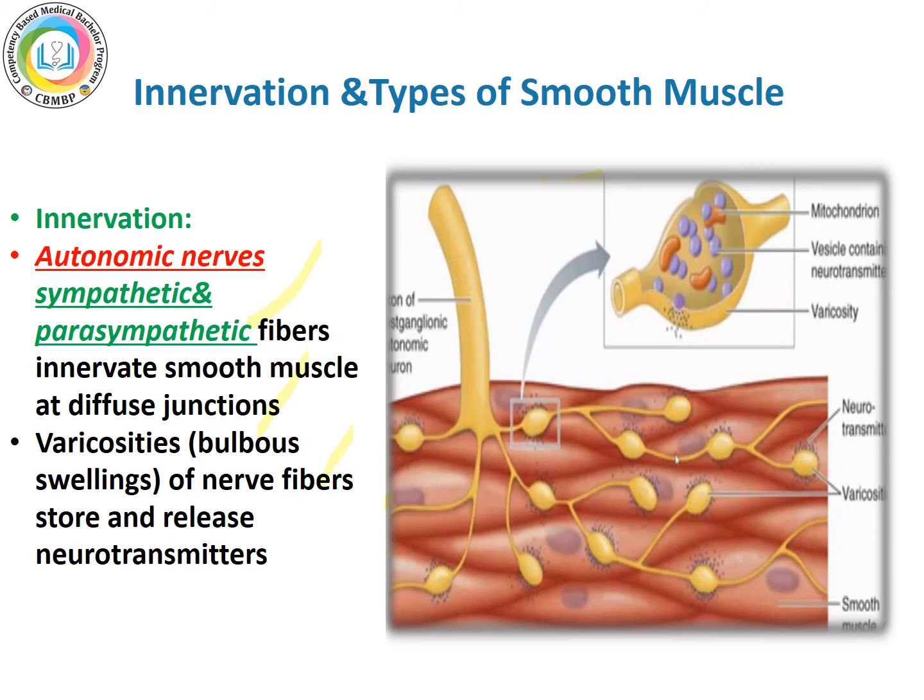Innervation of smooth muscle: it is innervated by autonomic nerves, like sympathetic and parasympathetic fibers.